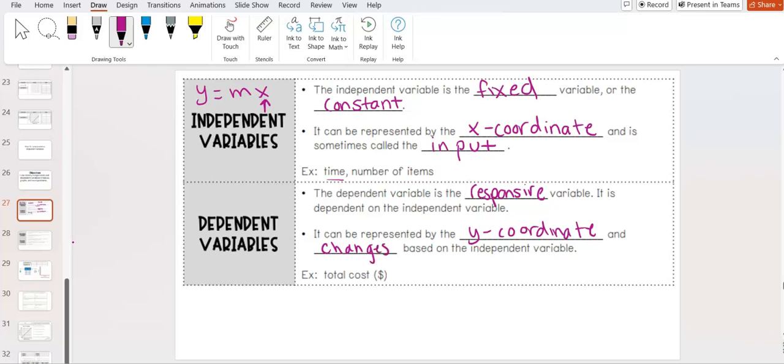So an example might be total cost, anything that is going to be the solution. We also say that it's our output because, again, in the equation, it's going to be y, what we equal. So I'm going to put in x into my equation, and I'm going to get out y, depending on what x is.